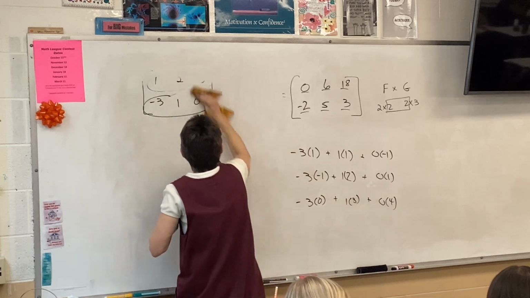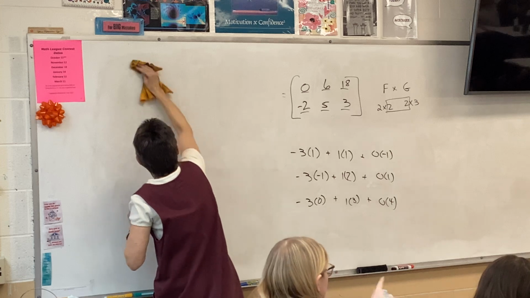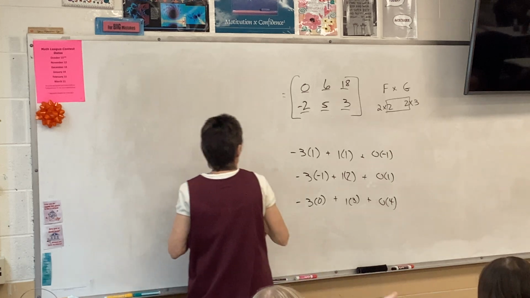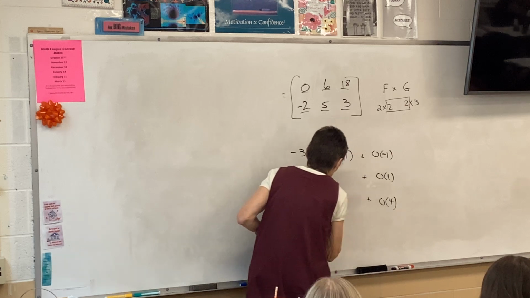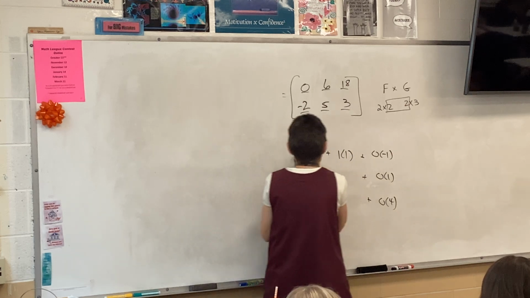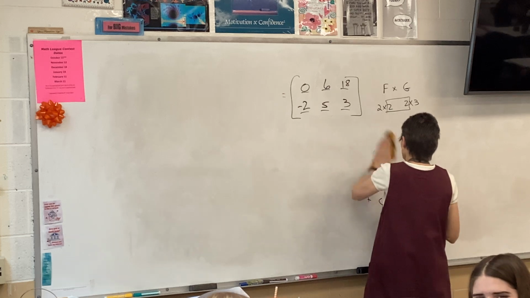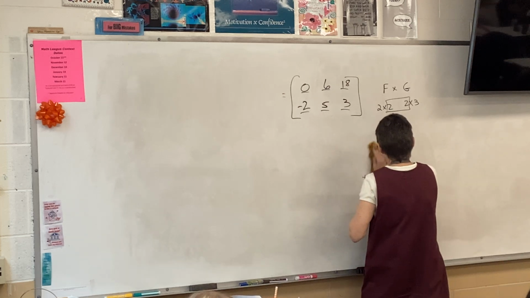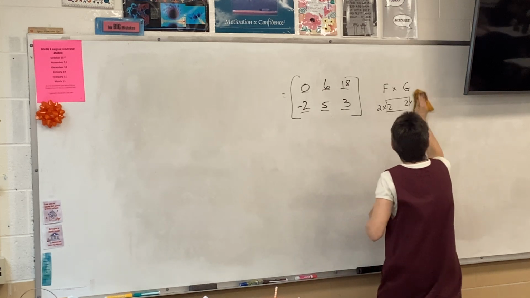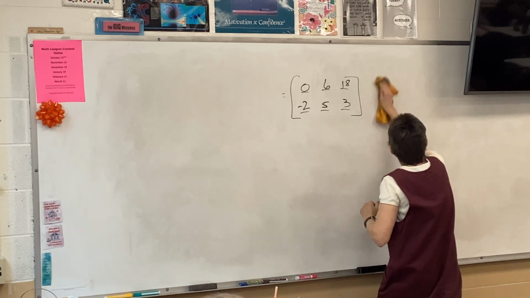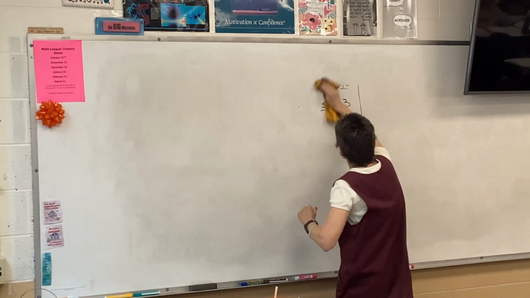Oh yeah, 2 by 3. It is 2 by 3. I was doing 3 by 2. So 2 by 3. Correct? Yeah. This one, no. After that, could be 2 by 2.